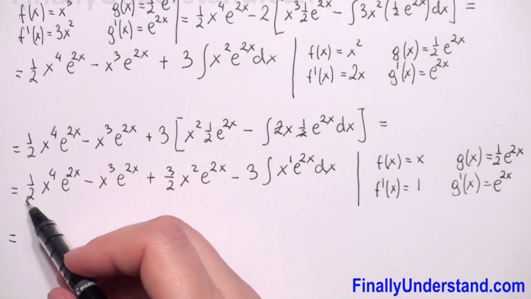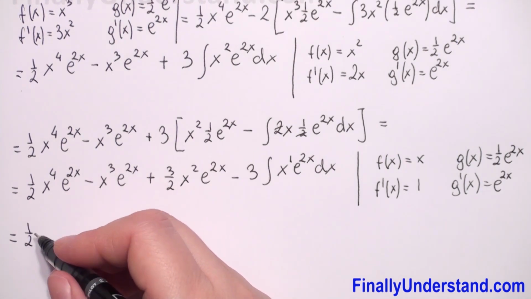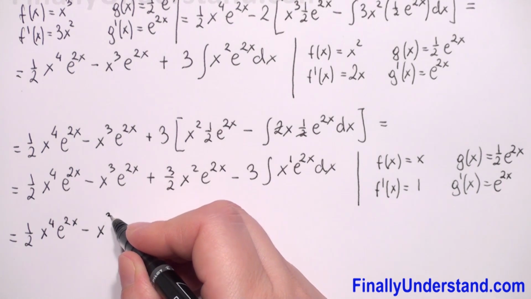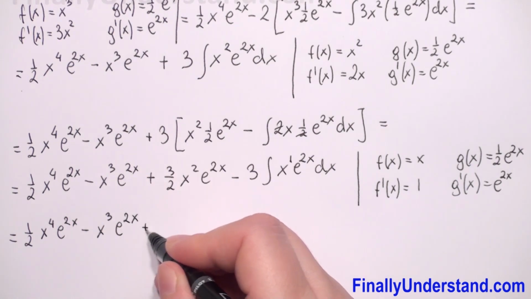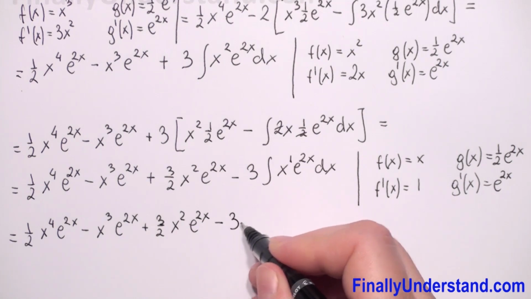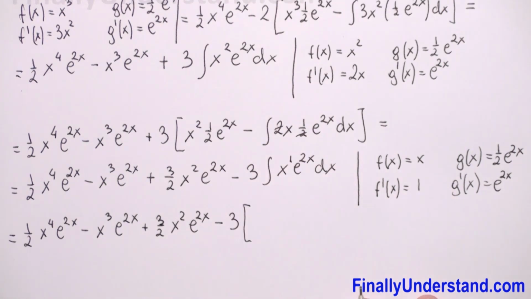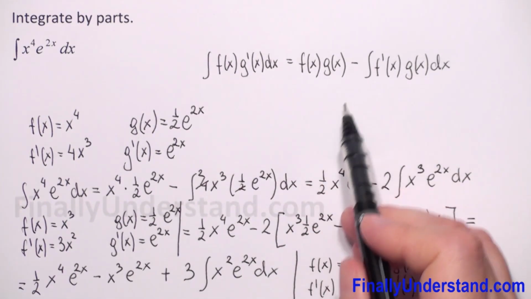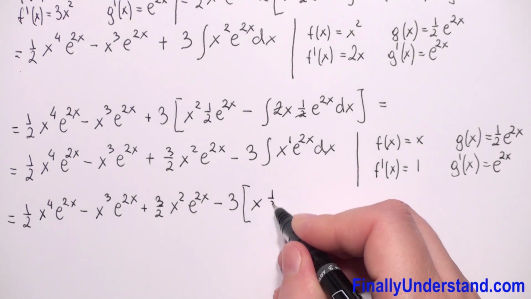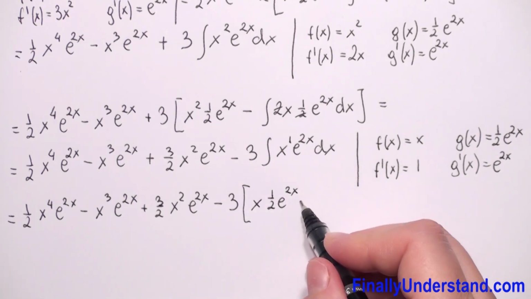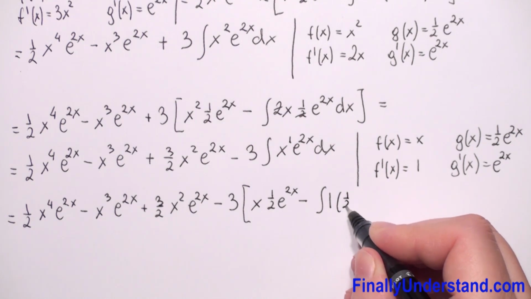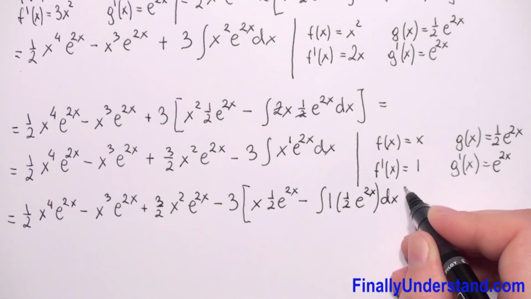So this is equal, we have to copy the beginning, 1/2 x to 4th power e to power 2x minus x cube e to power 2x plus 3 over 2 x squared e to power 2x minus 3, and in brackets we will put first, again we will use this formula, first f times g, so now f times g is x times 1/2 e to power 2x, and we have minus the integral of f prime, which is 1, times g, which is 1/2 e to power 2x, with respect to x, close brackets.